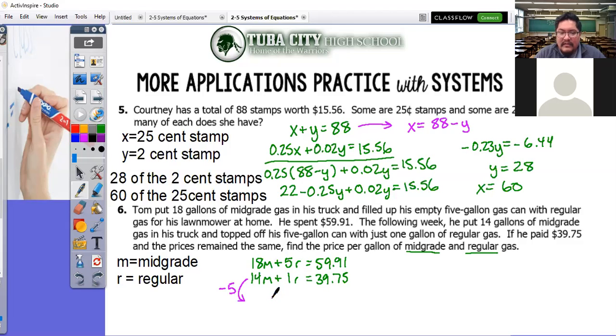Let's start working on this. 14 times 5 would be 70, but -70m. I'm taking this second equation and multiplying everything by -5. 1 times -5 is -5, and r stays the same. Then 39.75 times 5 would be 198.75.